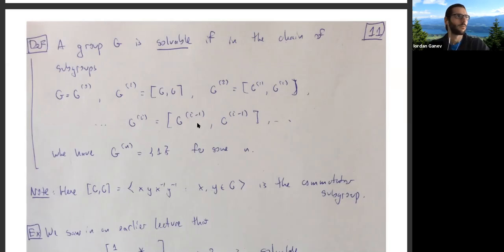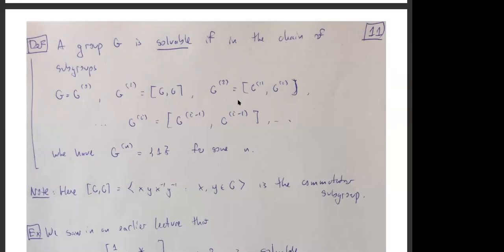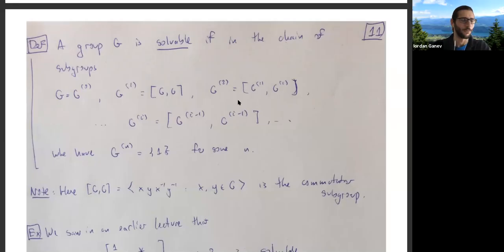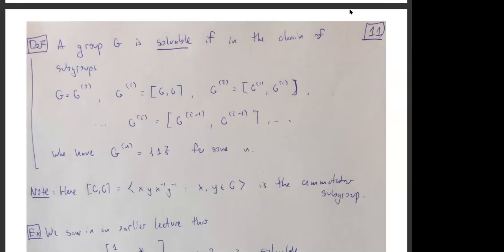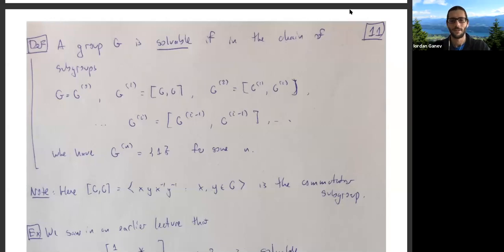Maybe the reason it's called solvable is because if you have a field extension and the Galois group is solvable, then you get some solvability of something. I forgot what it was, somebody remembers, feel free to chime in. Does anybody remember what it was? That every polynomial is solvable by radicals. By radicals, that's right. Okay, there we go.